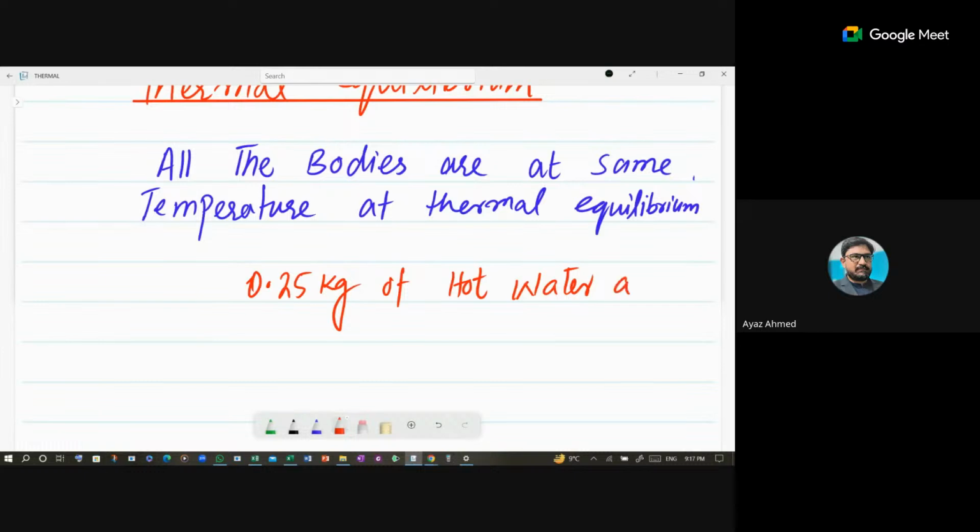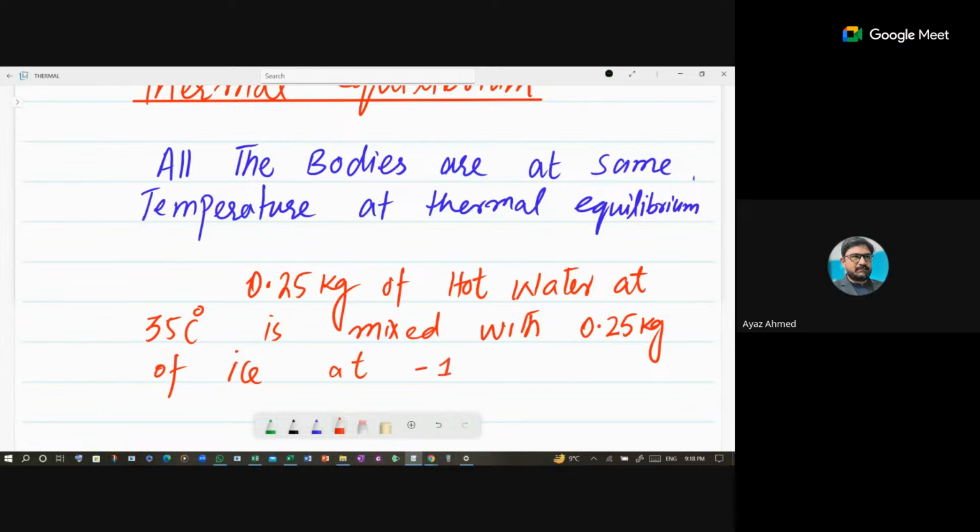How much water do I have? 0.25 kg of hot water at 35 degrees centigrade is mixed with 0.25 kg of ice at minus 2 degrees centigrade.